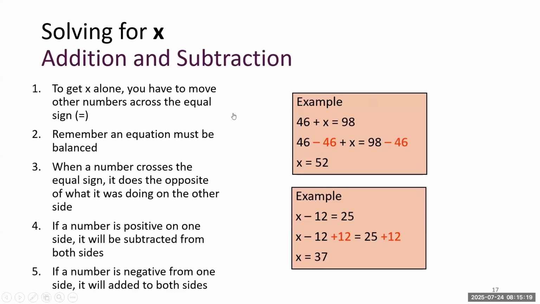But there are some rules about that. Because the equation has to be balanced, when one number crosses the equal sign, it's just going to do the opposite of whatever it was doing on that first side on the opposite side. So if a number is positive on one side, then you're going to be subtracting it from both sides of the equation. If a number is negative on one side, then you're going to be adding it to both sides.